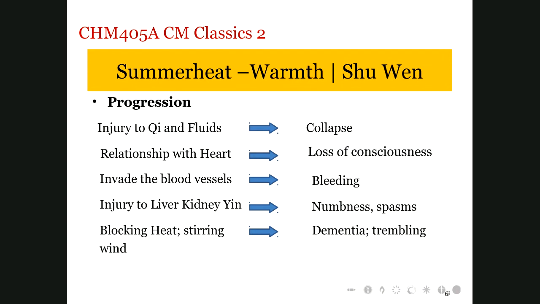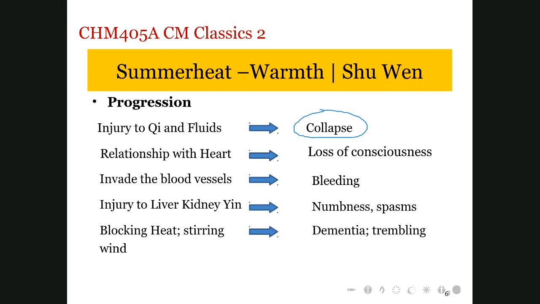And this slide tells you what kind of pathogenesis or progressions we can understand from summer heat warmth in general. So if there is serious injury to chi and body fluid through summer heat warmth, you very easily have blood pressure drop, like Charlie mentioned, palpitation, shortened breathing to start with, and then collapse on the street. So that's very severe.